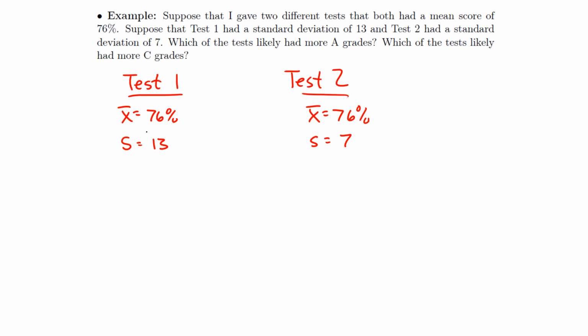But one of the things that standard deviation really helps us with is it can help us compare to other data sets. The fact that this one is higher than this one means that there is more variation from the average, right?